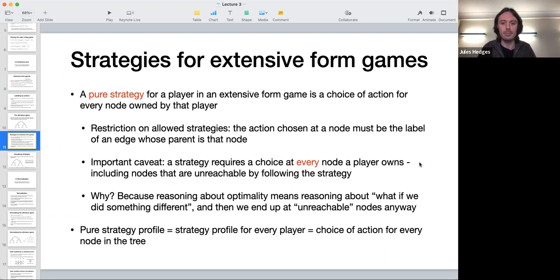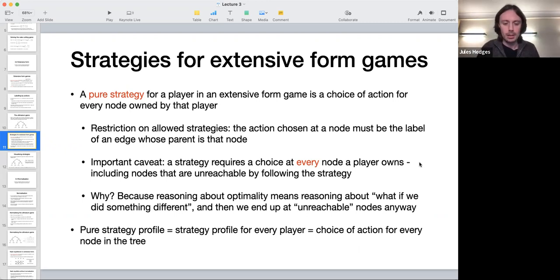The reason we do this is that reasoning about optimality is all about thinking of the form, what if we made a different choice? So why was it a good choice at the beginning to go this way? Well, because if we had hypothetically gone the other way, then we would be in a worse situation. And what that means is that we have to know what we would do if we were here anyway.